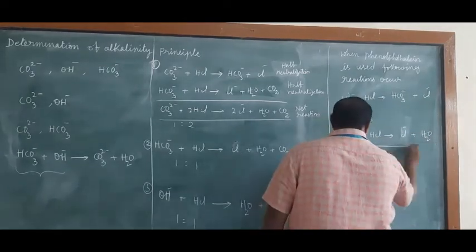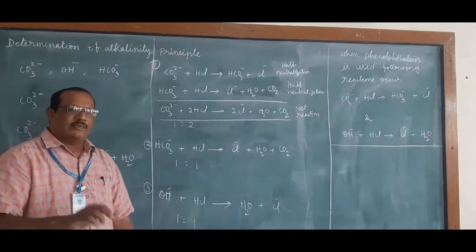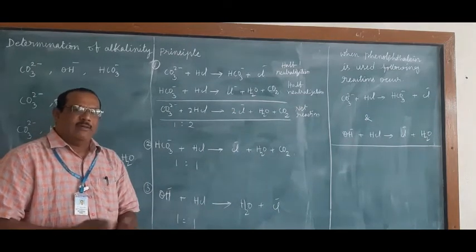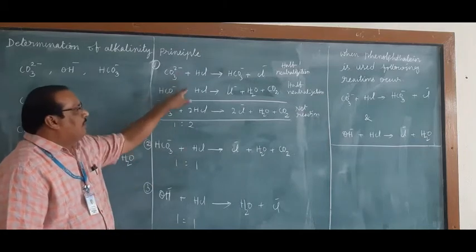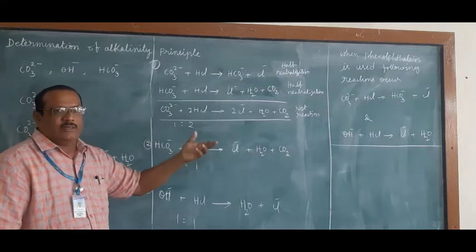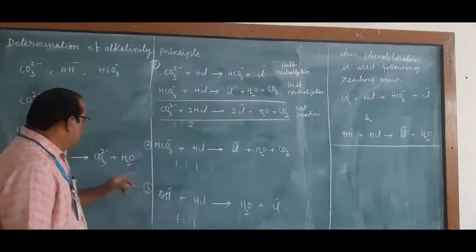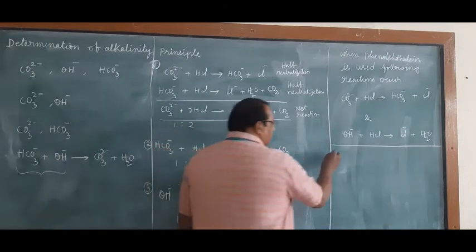When methyl orange is used, all reactions occur. If water sample contains carbonate and bicarbonate, carbonate undergoes complete neutralization, and bicarbonate which is there in the water sample also undergoes neutralization. If water sample contains carbonate and hydroxide ions, both of them also undergo complete neutralization.